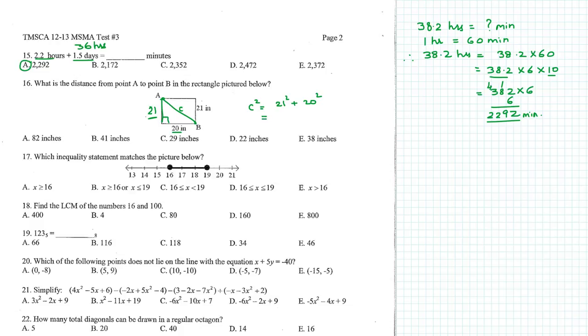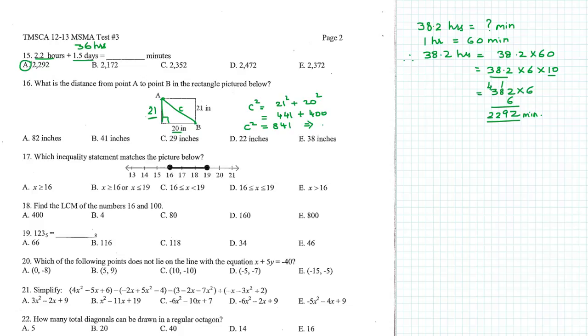So now 21 square is equal to 441 and 20 square is equal to 400. So c square is equal to 841. But we are interested in the value of c, which is nothing but the diagonal AB.